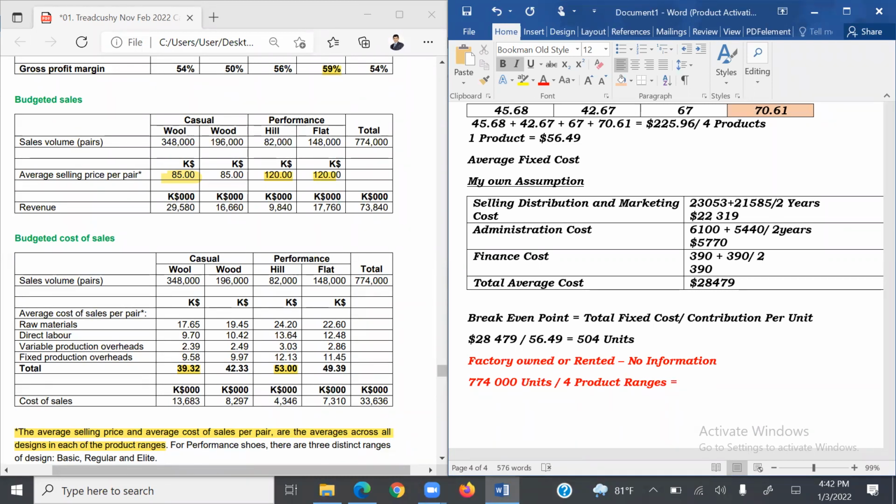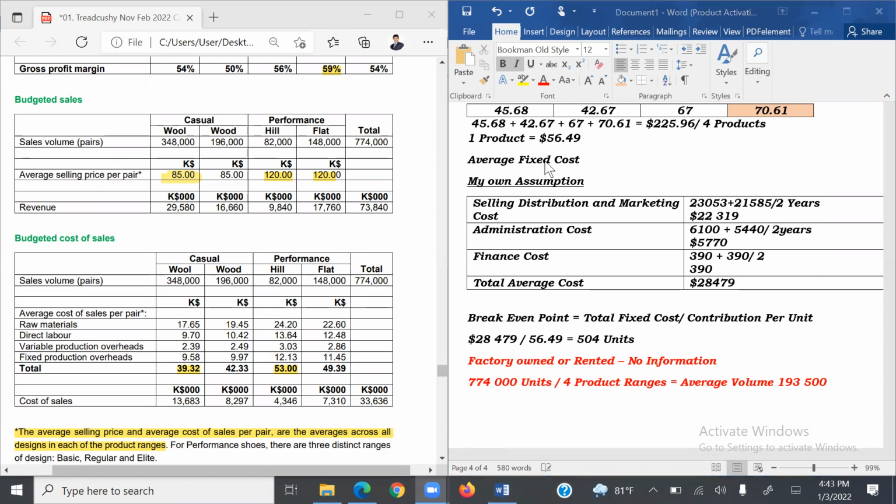What should be the average volume? The correct answer is 193,500. So average volume is 193,500.